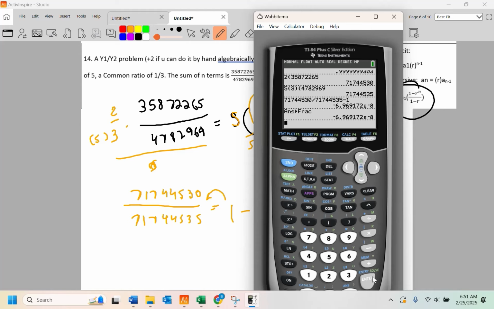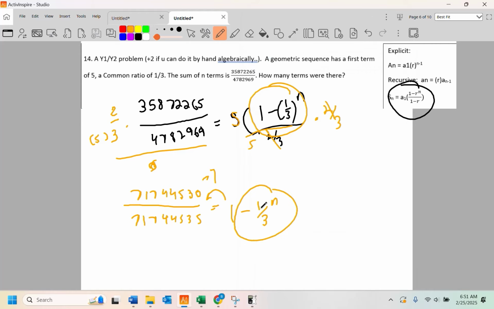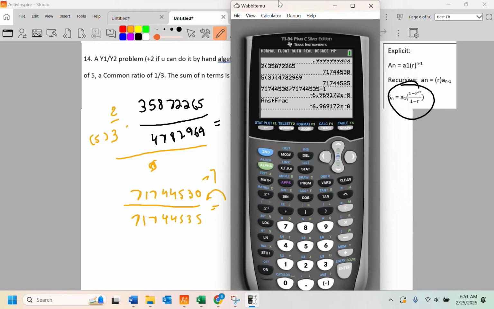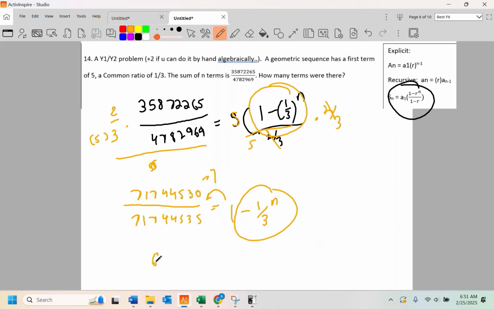So anyways, we've got this, take away a 1, it's equal to that. So we divide out the negativity. I'll go back and type it all in the calculator at once. So I have 6.969 times 10 to the -8th equal to 1/3 to the n. What I'm going to do is ln both sides, or I'm just going to do a log.